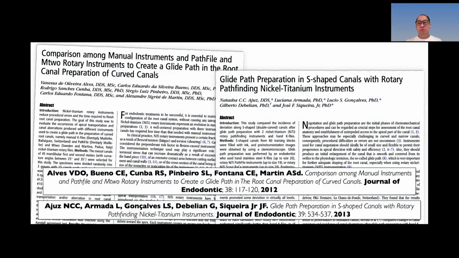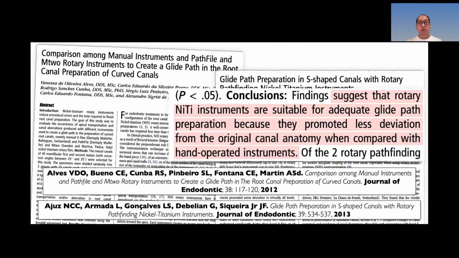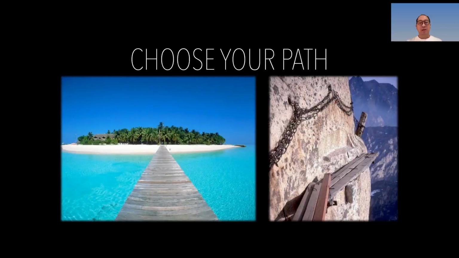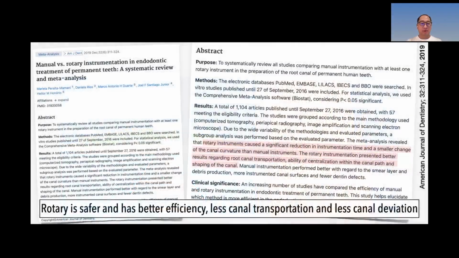This paper also mentions that using a rotary glide path promotes fewer deviations from the original anatomy compared to the manual. So once again, manual versus rotary in creating a glide path, I need you to choose your path. Do you want the safe and relaxing path, or the dangerous and more risky path?